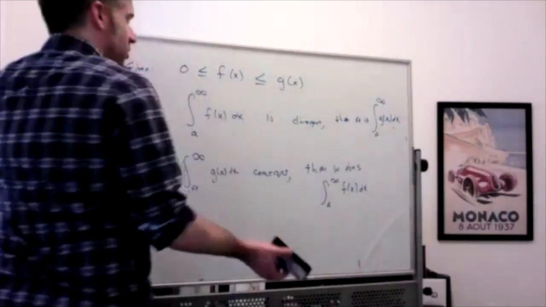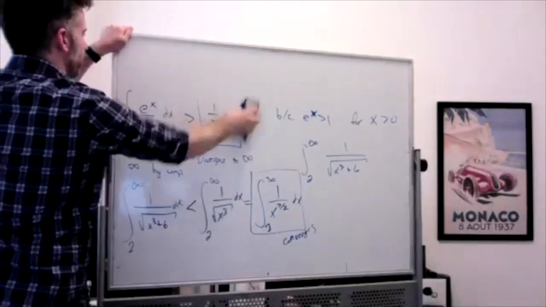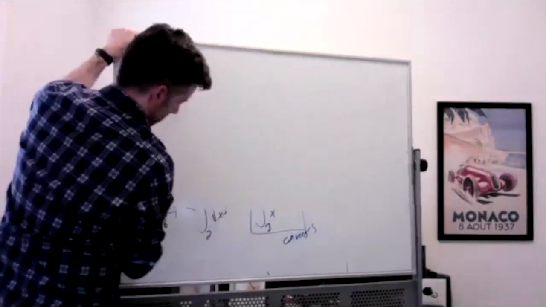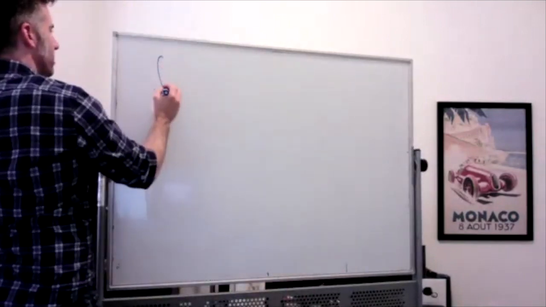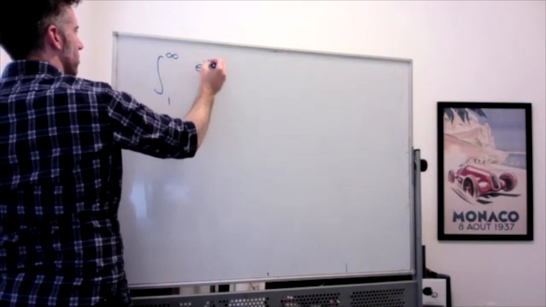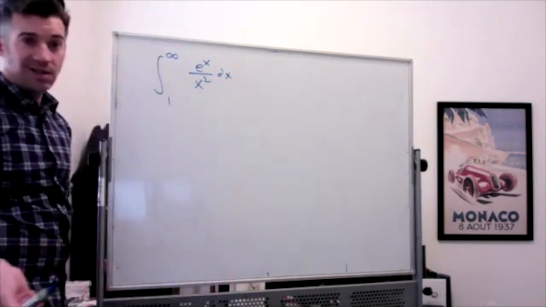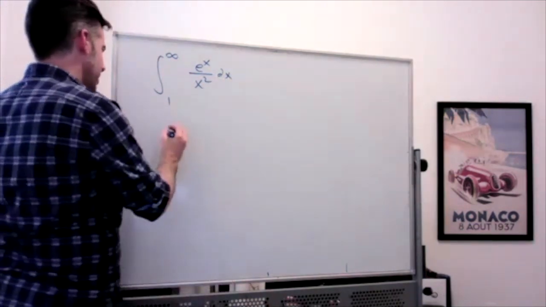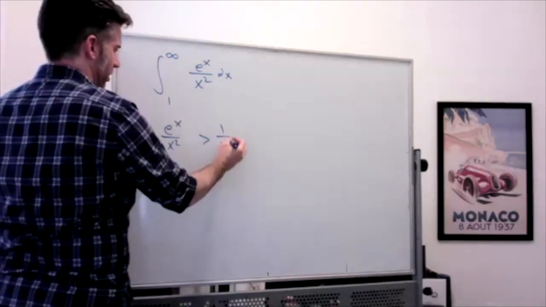It can be a little bit tricky. If I have something like the integral of e to the x over x squared, this is when it gets trickier, because e to the x over x squared is bigger than 1 over x squared.